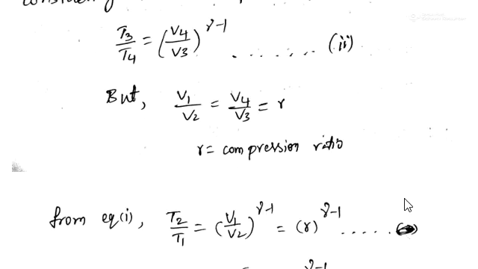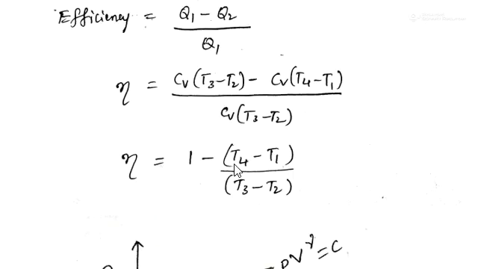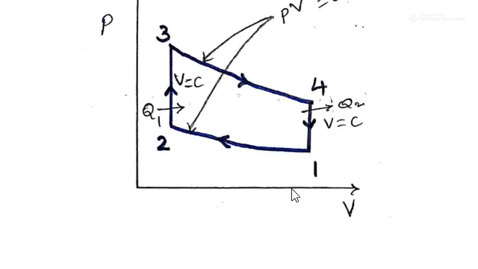The efficiency formula we have written up to here is 1 minus (T4 minus T1) by (T3 minus T2).